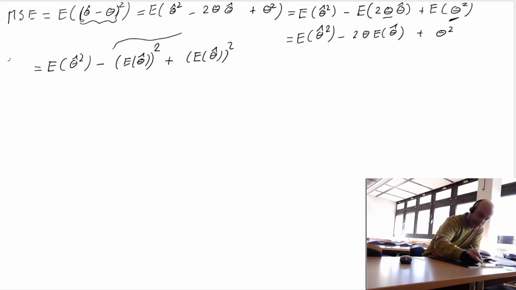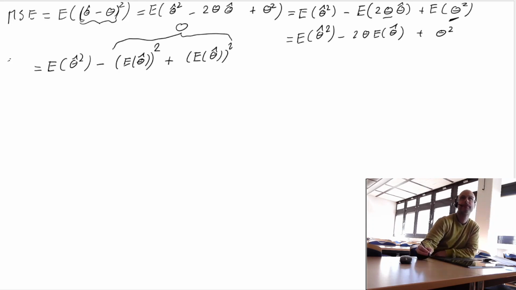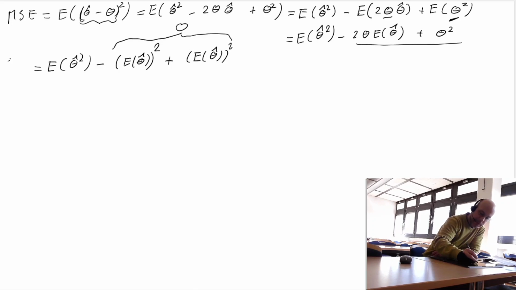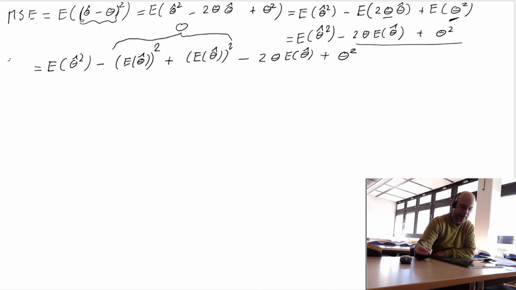This is just adding a zero, and then we are left with these two terms, minus 2 theta E of theta hat plus theta squared.